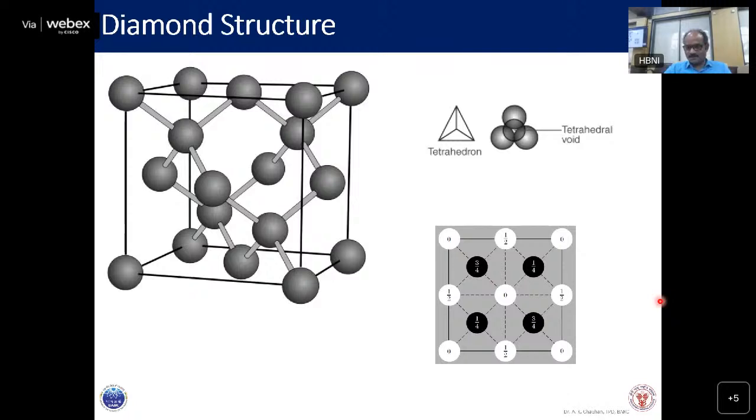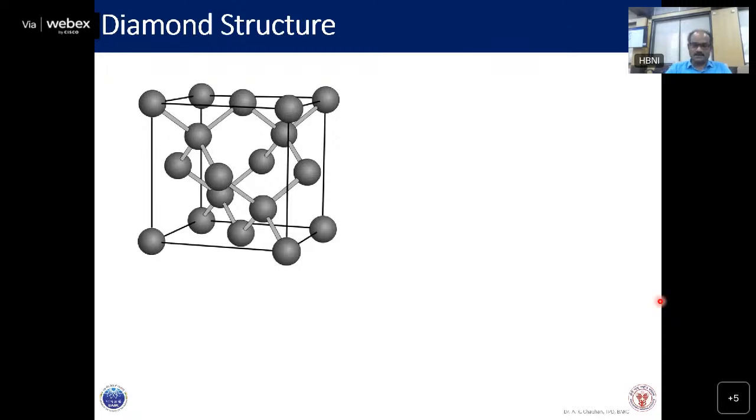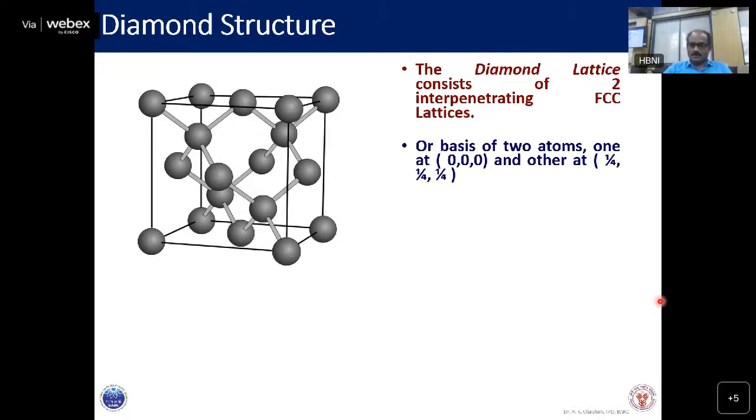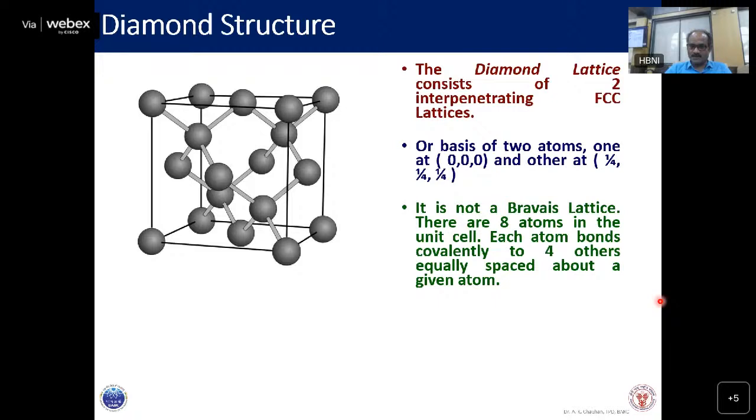Why are we trying to understand this structure? Because, as I already said, silicon and germanium crystallize in this form, and if you want to make calculations for this structure, you will have to thoroughly understand it. So the diamond lattice consists of two interpenetrating FCC lattices, which I have already explained.